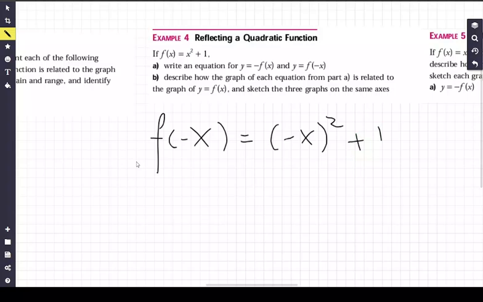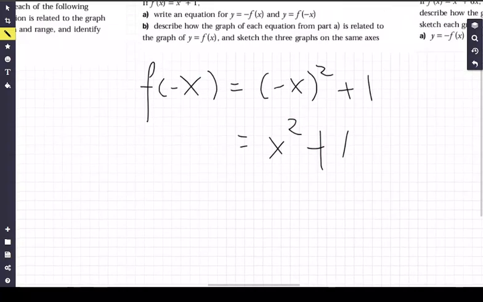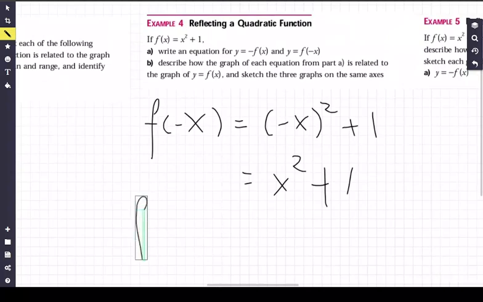Take a moment to look at it and think, what is this? If I have this negative mark and I square it, doesn't that just become a positive? Exactly. You have a negative 1 and then x squared, so it becomes a positive. So essentially, right now, your f of negative x is actually equal to f of x, surprisingly.